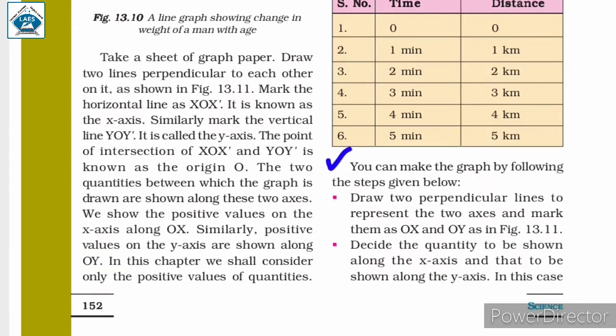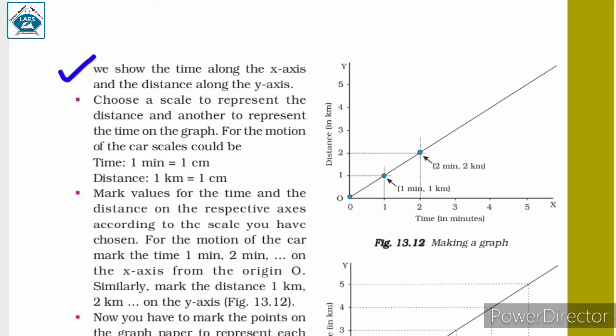You can make the graph by following the steps given below. Draw two perpendicular lines to represent the two axes and mark them as OX and OY as shown in figure 13.11. Decide the quantity to be shown along the x-axis and that to be shown along the y-axis. In this case, we show the time along the x-axis and the distance along the y-axis.